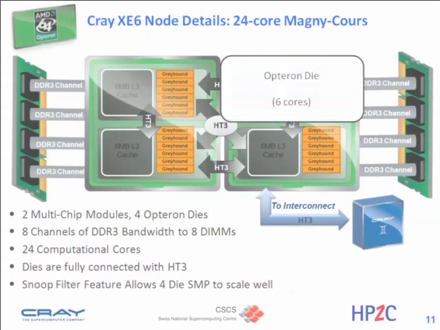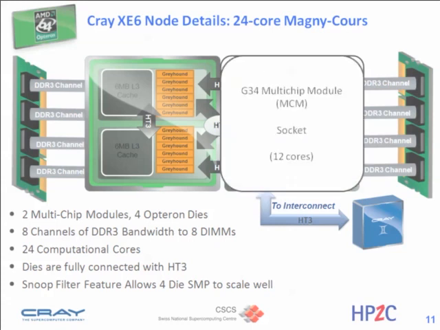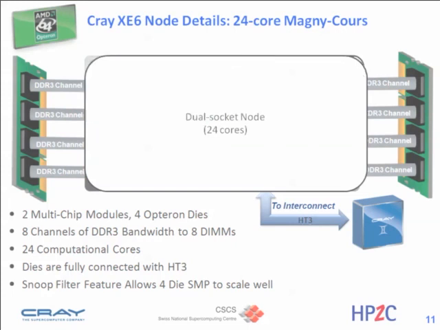So this is a die that has 6 cores. 2 dies make up a socket. That's a socket. It's what AMD named the multi-chip module G34. That's a socket, 12 cores. This is what is named the Magny-Cours socket. And this is a node. Okay? A node has 24 cores.